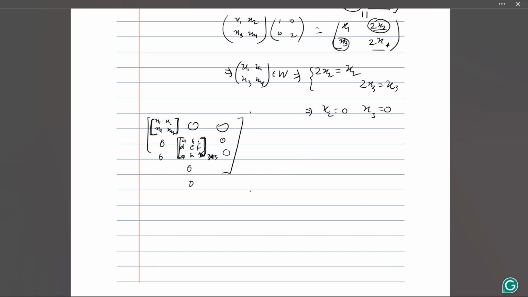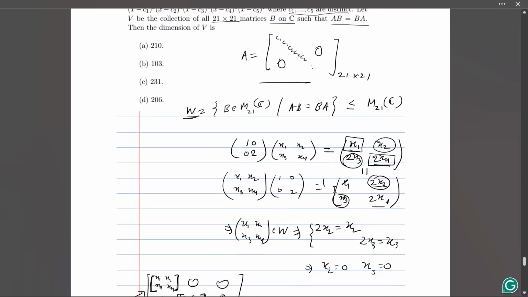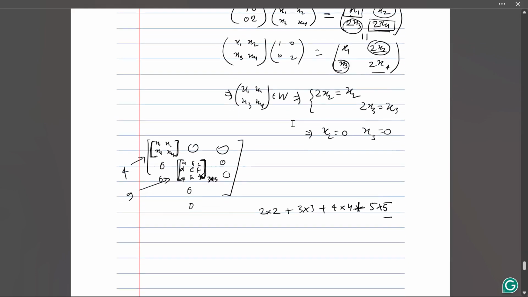So 2 cross 2 means 4 from here, 9 from here, plus 3 cross 3, plus 4 cross 4, plus 5 cross 5, plus 6, 7 cross 7.